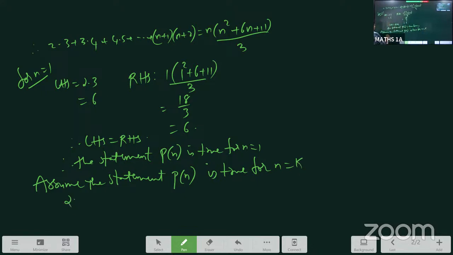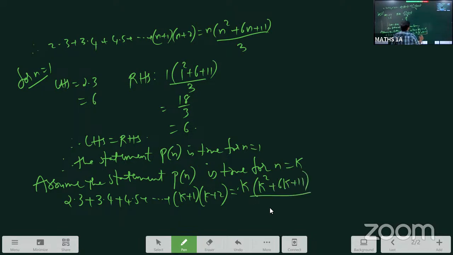So what am I going to get? 2 into 3 plus 3 into 4 plus 4 into 5 plus so on plus k plus 1 into k plus 2 is equal to k into k square plus 6k plus 11 by 3. Instead of n, you put k. Call it equation 1. Okay.